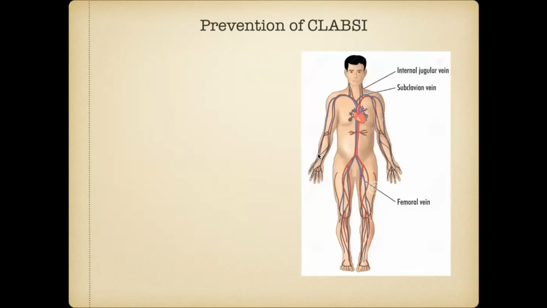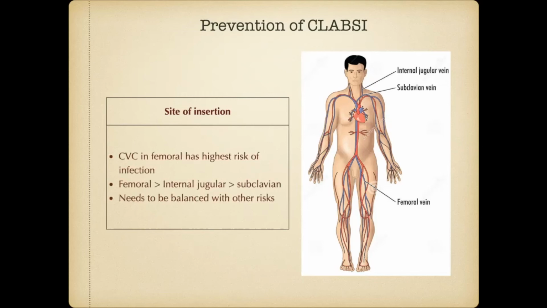Okay, as for the prevention in terms of site, if we were to compare, we have the site either internal jugular, subclavian or femoral. So the highest risk of infection is the femoral. This is quite obvious because it's a perineal area, the groin. So it's quite prone to infection.